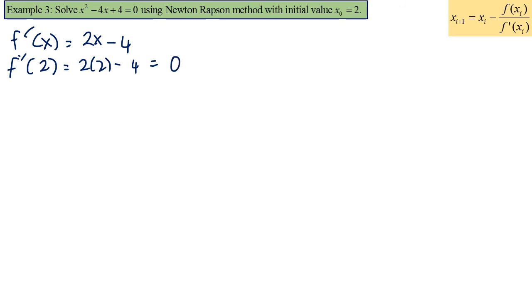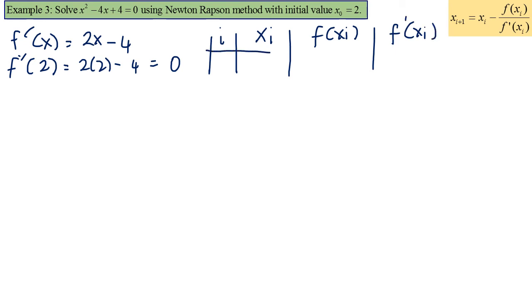If I want to proceed, I set up xi, f(xi), f prime(xi). At iteration 0, x0 equals 2, f(x0) is 2 squared minus 4 times 2 plus 4, which is 4 minus 8 plus 4. I got 0, and f prime is also 0.